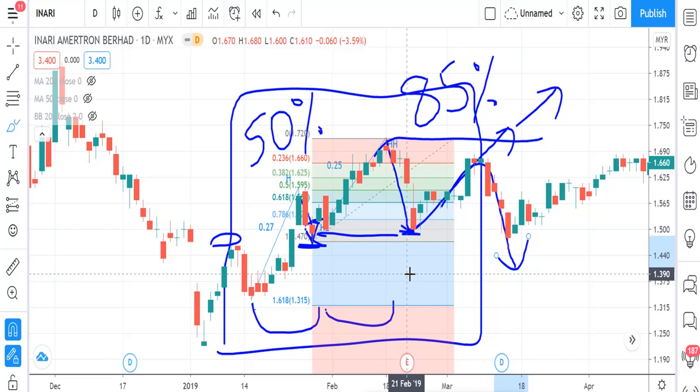But in this case, it still produced the correct answer. But try to be a bit more careful when you have very short retracements. Maybe it is not so reliable.